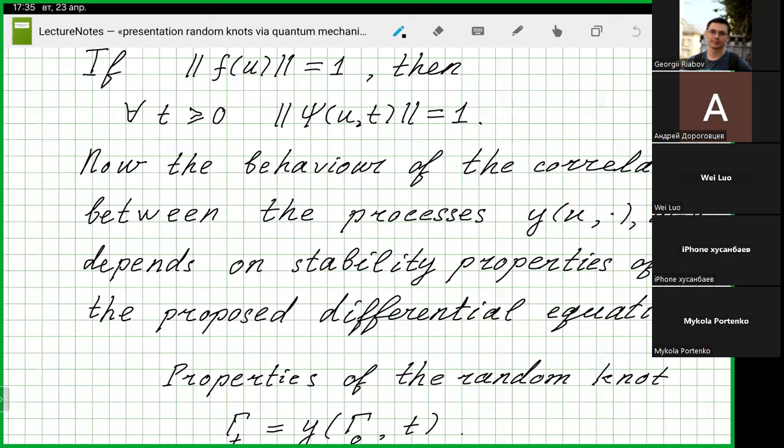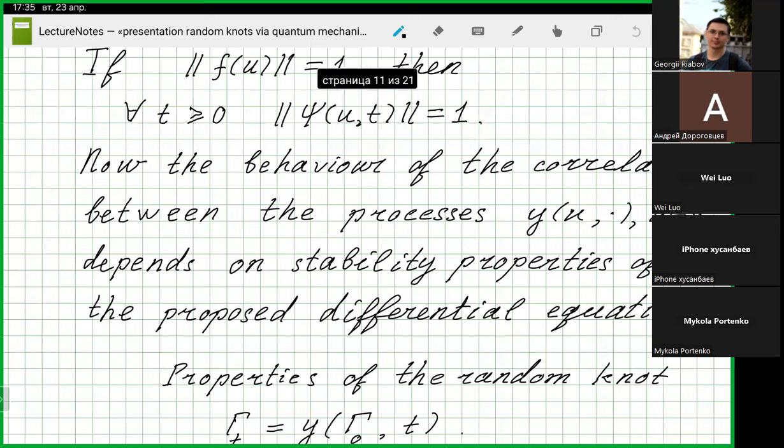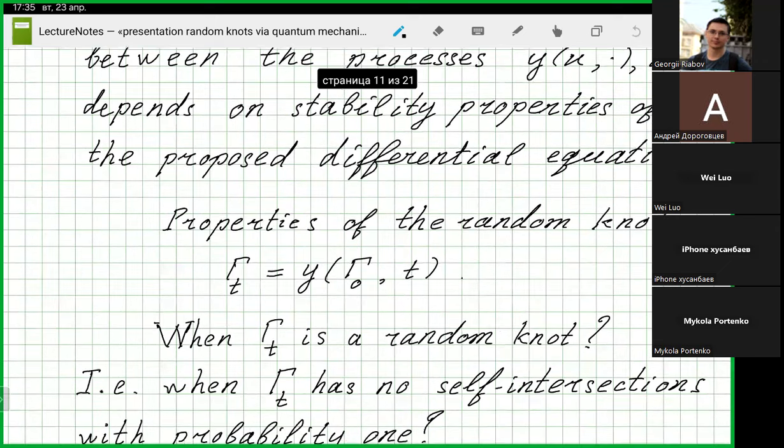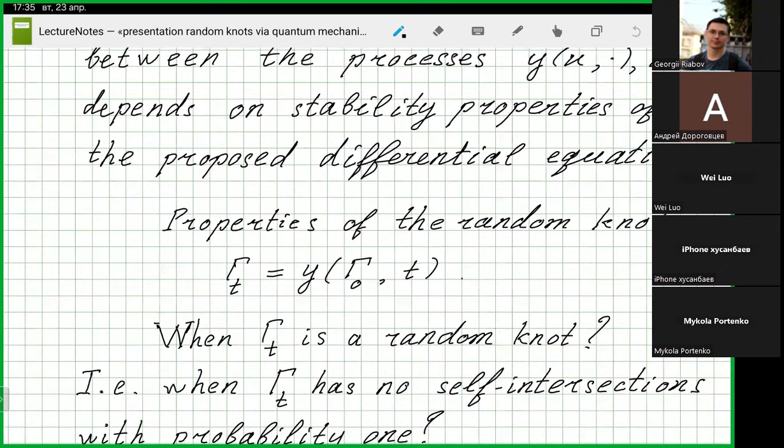This is the model of the motion. Now let's look at the properties of the obtained random knot. As we remember, we define gamma_t as an image under the mapping Y, and the first natural question is the following: when is gamma_t a random knot, so when does gamma_t have no self-intersection with probability 1.